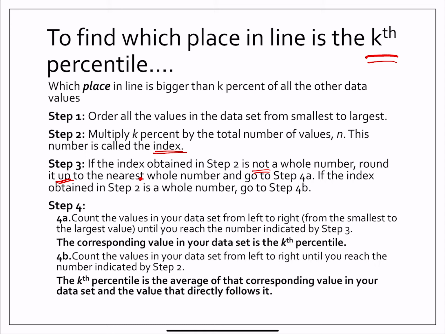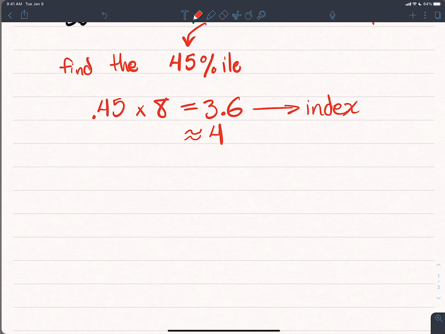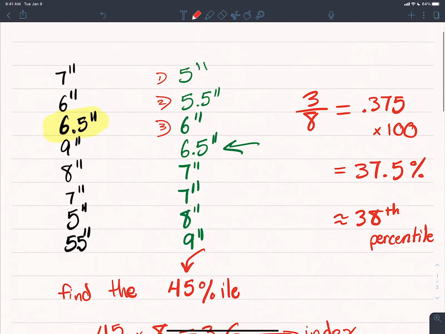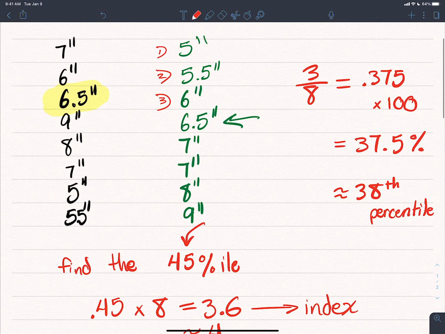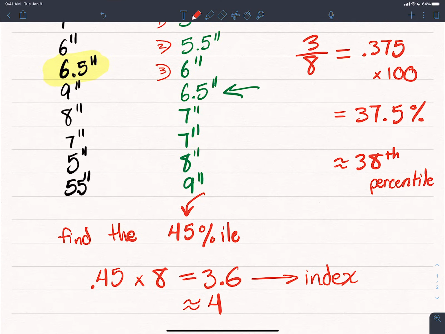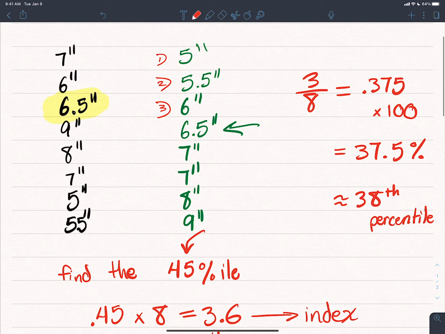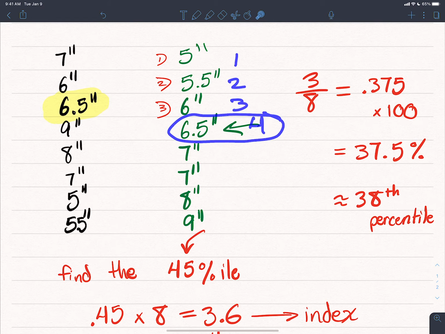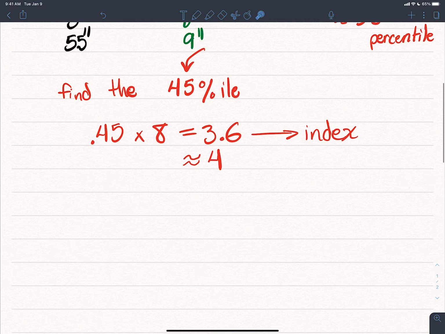So 4A says count the values in your data set from left to right, or from smallest to largest, until you reach the number indicated in step 3. So we need to count until we get to 4. And then that number will be the kth percentile. Okay, that's easy enough. So you go, let's count. This is 1, 2, 3, 4. That's the kth percentile, 6.5.